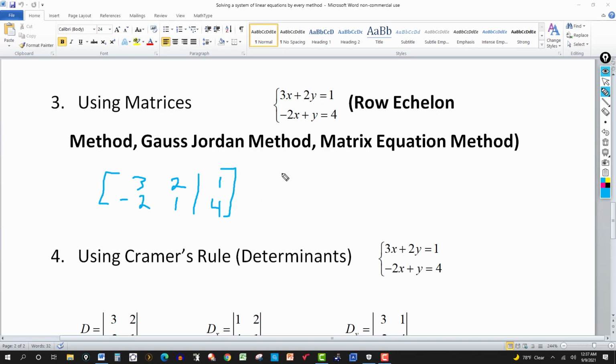So here's what I'm going to do. I'm going to add the second row to the first one. Okay, so -2 and 3 is 1. 1 and 2 is 3. 4 and 1 is 5.